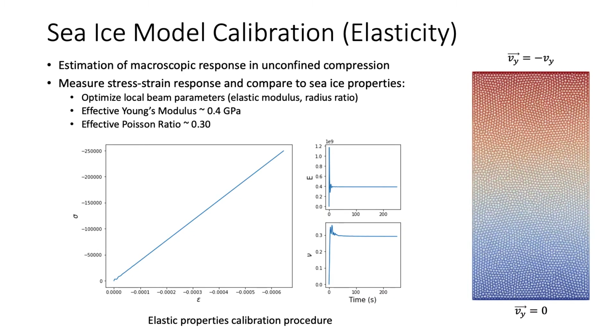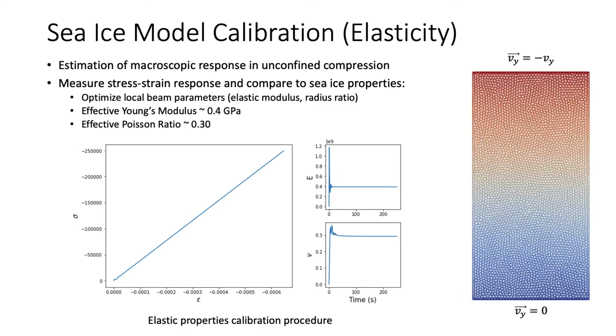One downside with using these beam-based or lattice sort of particle cohesive methods is that there's a calibration procedure that needs to be done. If you want to prescribe the stiffness, say the Young's modulus or the Poisson's ratio, these elastic properties at the effective level, the connection between the local beam modulus and the overall effective modulus isn't known right away.